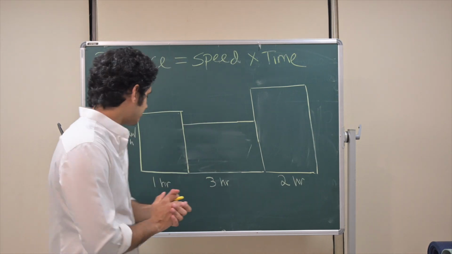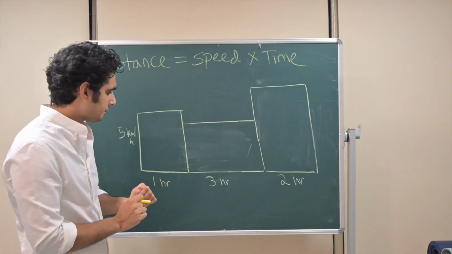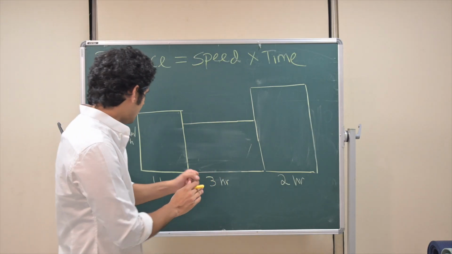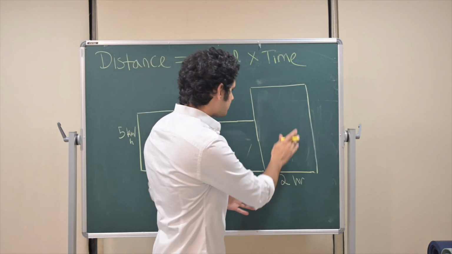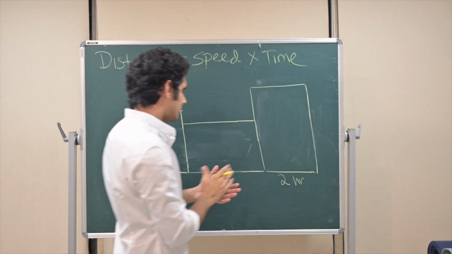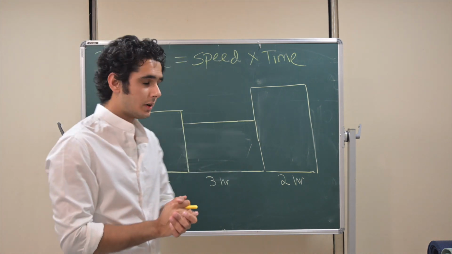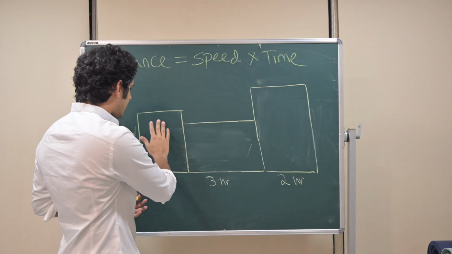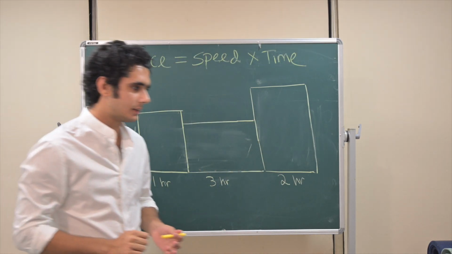We discovered that across the first hour, we covered this much distance. Across the next 3 hours, we were able to cover this much distance. And across the next 2 hours, we were able to cover this much distance. So the total distance that we covered visually can be represented by this entire conglomeration of rectangles.